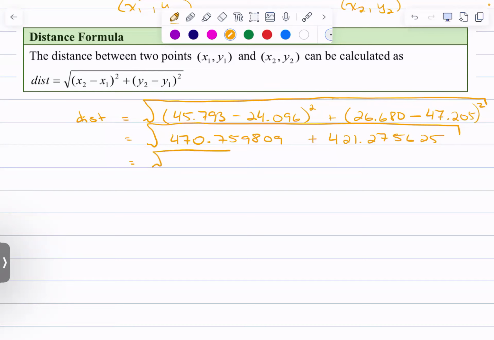It's going to be the square root of 892.035434, which is 29.86696225, the distance between those 2 points.